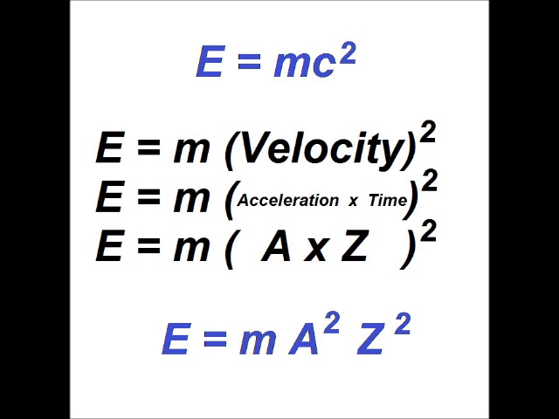From E equals mc squared, we go to E equals mass times velocity squared, which goes to E equals mass times acceleration times time squared, then to E equals mass times a times z squared, and finally we get energy equals mass times acceleration squared times time squared.